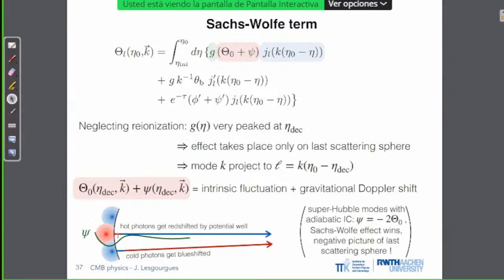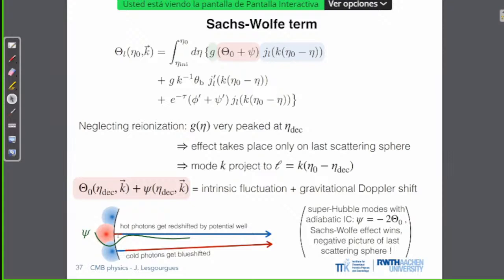And this term Ψ accounts for a gravitational Doppler shift. Because on the last scattering surface, if we have hot spots and cold spots, it means that we have overdensities and underdensities. And thus, we also have gravitational potential wells or maxima. And the photons need to leave these potential wells or maxima, and this will either make them lose some momentum or gain some momentum.